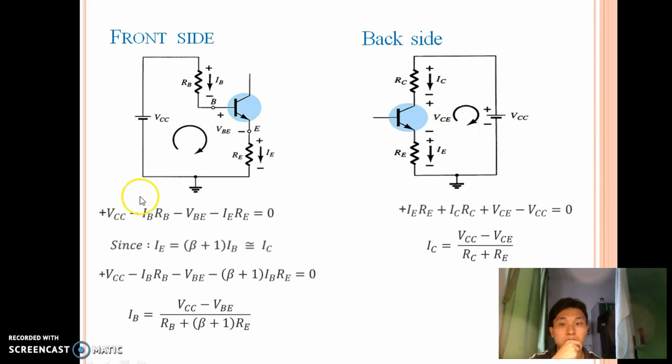VCC minus IB RB, minus VBE, minus IE RE. After we analyze, we get IB equal to this formula, and for the back side we also use mesh analysis, then we get IC equal to this formula.